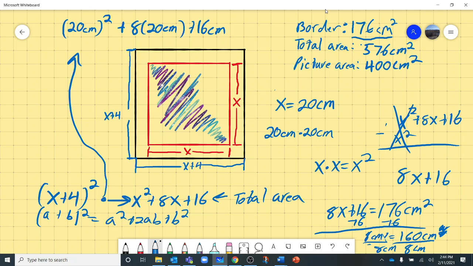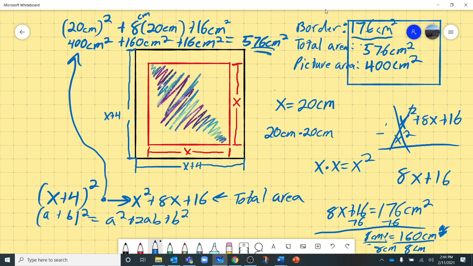Okay, so 20 centimeters squared is 400 centimeters squared, plus 8 times 20 is 160 centimeters squared, plus 16 centimeters squared. If we add all that up, we get 560 plus 16. That does equal 576 centimeters squared. So this is all correct. That looks good. Okay.